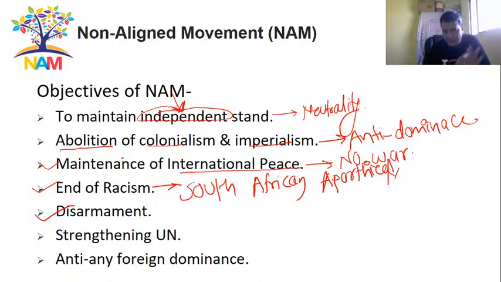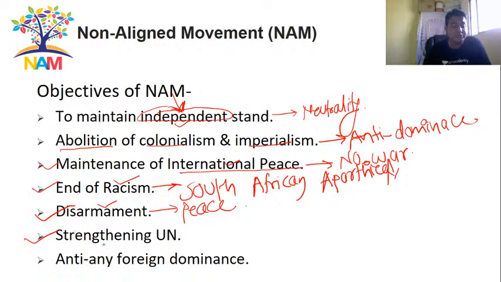Just look at the objectives very carefully, you will get to know it's very simple. It is based on the universal principle of peace. Impartiality, it is independent. Against dominance, end of colonialism. Promotion of peace, end of racism, that is discrimination. Disarmament, because disarmament leads to peace.